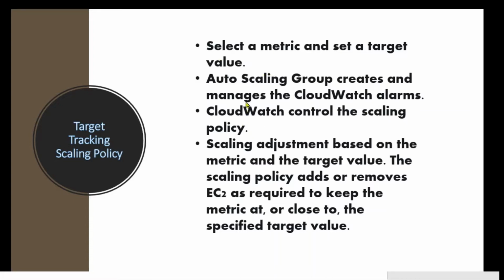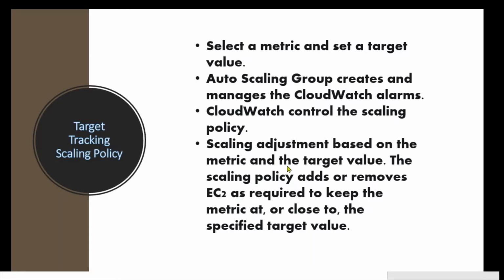So once CloudWatch knows that 50% of CPU usage has been reached in each of the EC2 instances in the auto scaling group, then it will tell the auto scaling group that you need to scale out your EC2 instances. So the scaling adjustment is based on the metric and the target value.